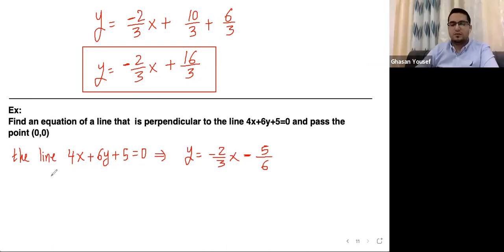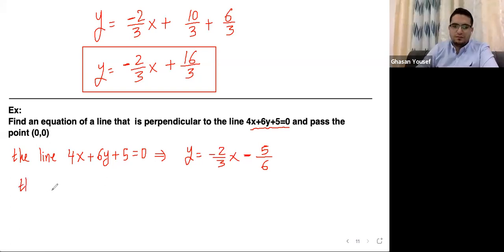What's the slope of the perpendicular line of this one? Here I get 3 over 2, but I ask what's the slope of this line before I do anything. What is the slope of this line? Of this one? Exactly, it's minus 2 over 3.